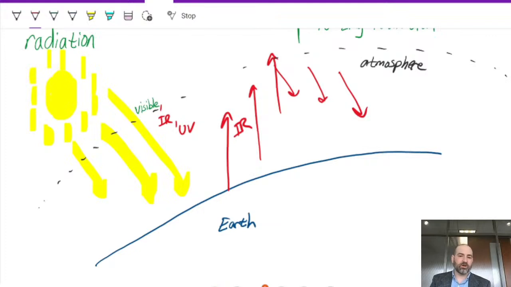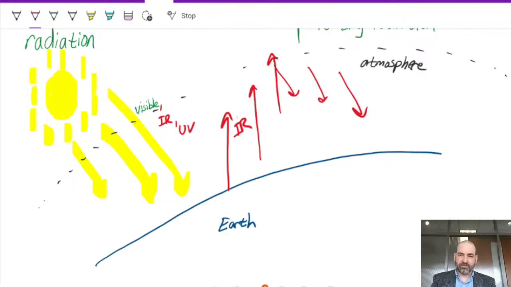But as you've probably heard, in the past 100 years or so, we have emitted a lot of greenhouse gases into the atmosphere through the burning of fossil fuels, as well as things like livestock agriculture. And that has accelerated this process to the point at which the Earth is now warming to temperatures that are going to really dramatically affect how all the systems on the planet work.